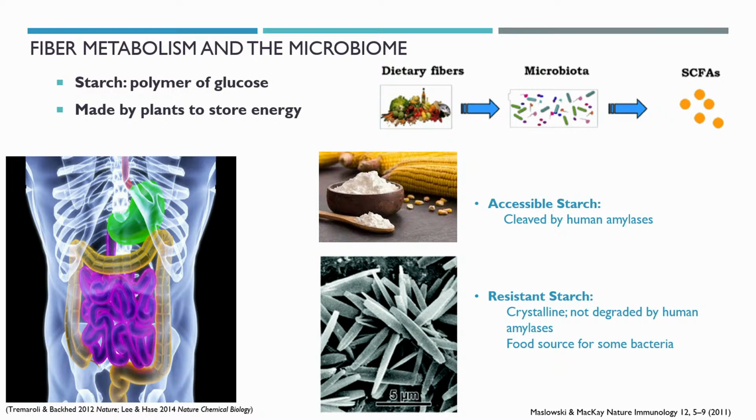Accessible starch is starch that is able to be cleaved by human amylases. Amylases are enzymes in our saliva and in our body that can break down this accessible starch. So it's something we eat and we're able to break it down. But there's another form of starch, called resistant starch.